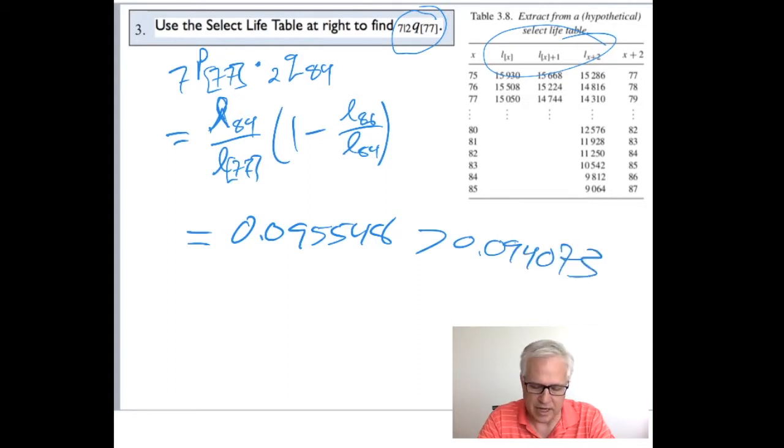So it's kind of surprising that someone selected at age 77 here has a higher probability of dying between ages 84 and 86 than someone who wasn't selected at age 77. I would say it's slightly counterintuitive. But if you think about it, it makes sense. Everyone dies. If you're less likely to die during the select period, you must be more likely to die after the select period. So that's the way I think of that.